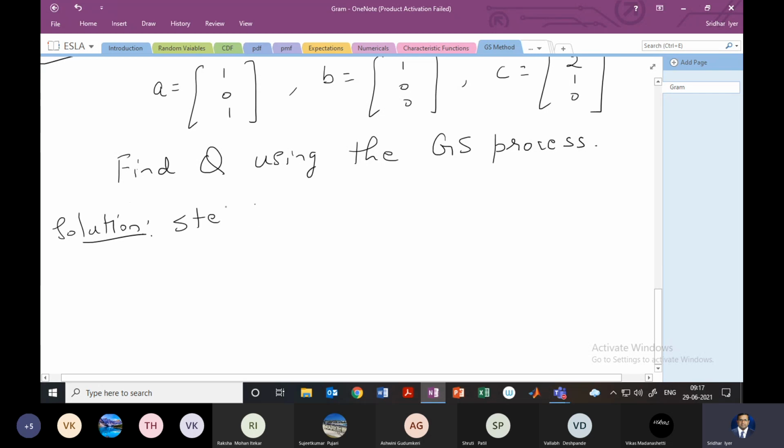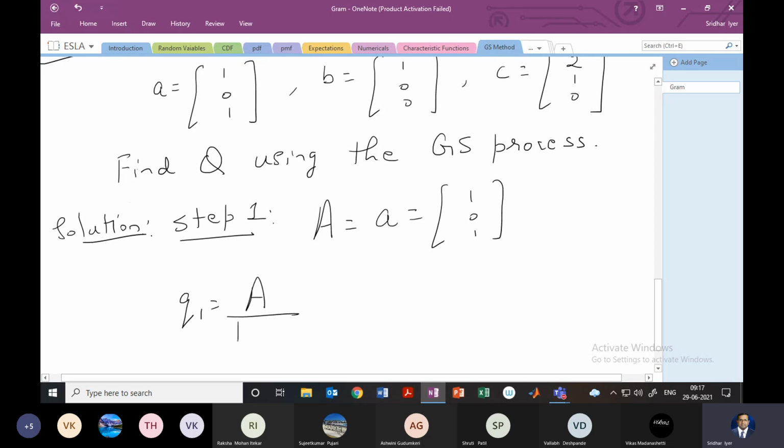In step number one, we have A, which is given to us as 1, 0, 1, and we calculate Q1, which is A divided by the length of A. So I'll write the matrix here, divided by the length of A. How do you calculate the length of A?